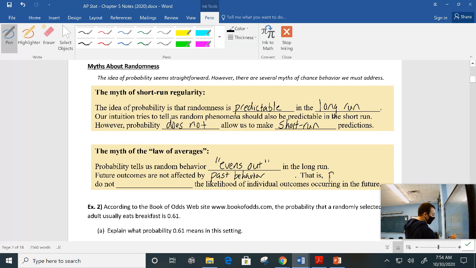That is, past outcomes do not influence the likelihood of individual outcomes, and that's key, occurring in the future. And again, this goes to that same concept that I was just talking about. Because our past outcome does not influence future outcomes or individual outcomes, the events are independent.